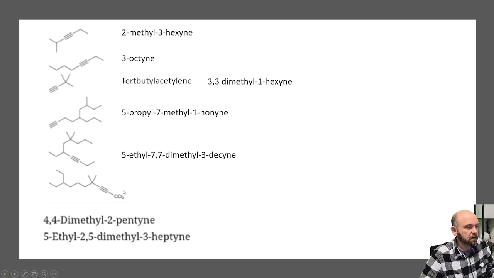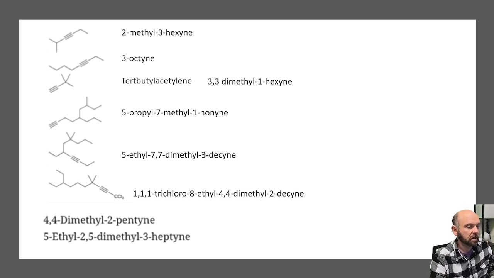The last molecule that we have to name down there is quite a long example. 1, 2, 3, 4, 5, 6, 7, 8, 9, 10 is going to be a decyne of some sort as well. We see an ethyl group on 8, dimethyl substituents on what appears to be carbon number 4, and then we see 3 chlorine groups on carbon number 1.